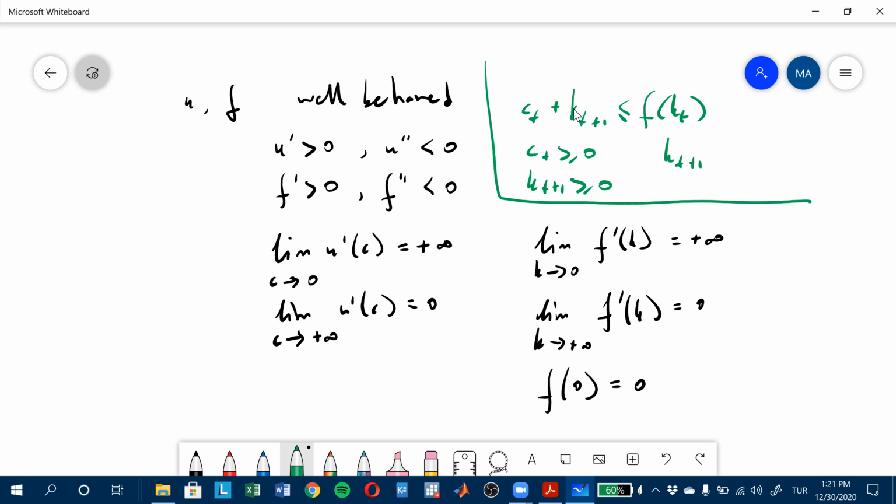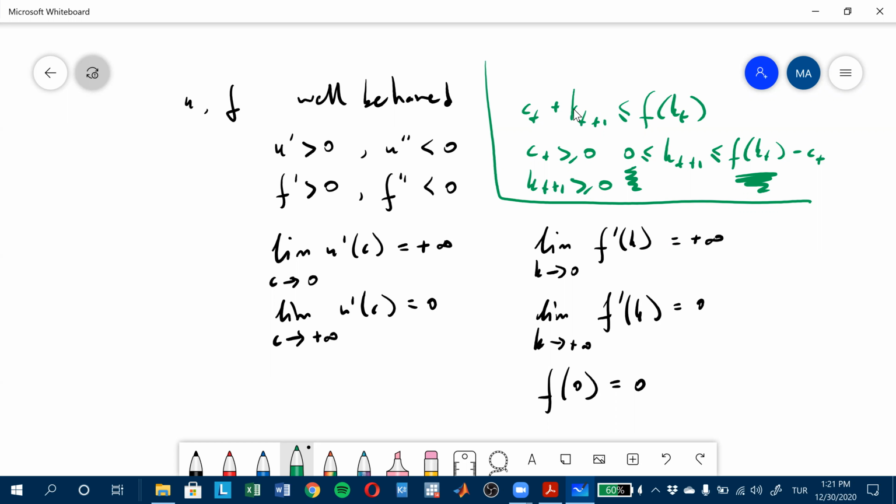So what is the set? On one side it is 0, on the other side it has F(K_t). If you set C_t to 0, this is your upper boundary and this is your lower boundary. So the set is closed and bounded.